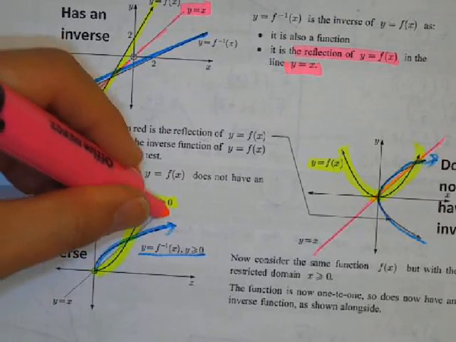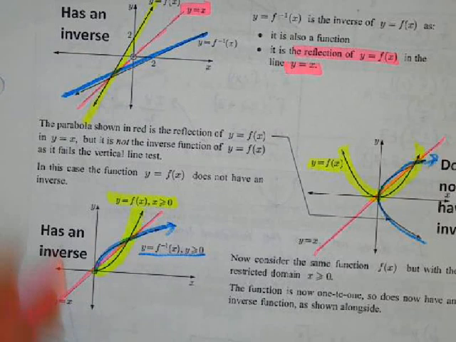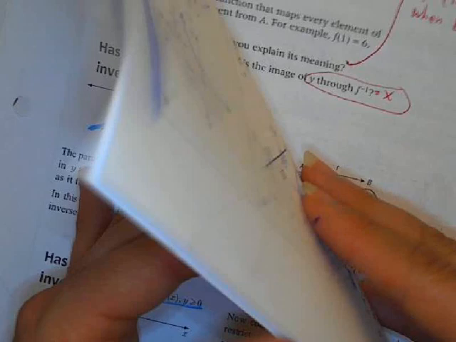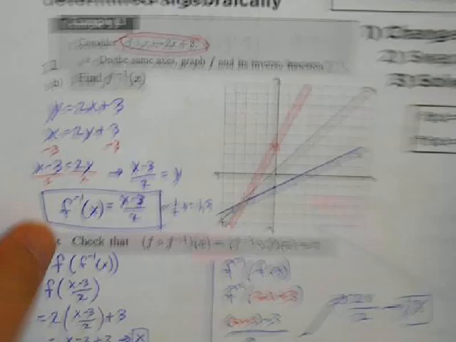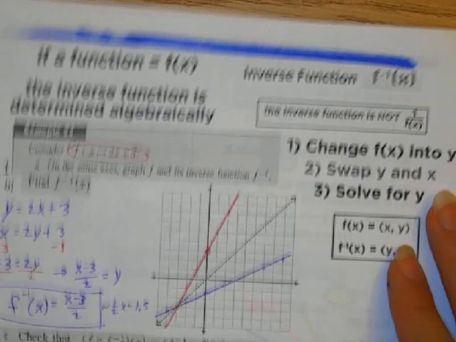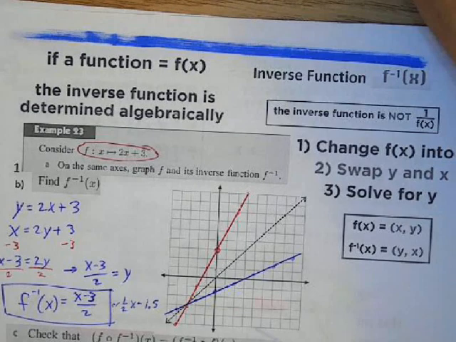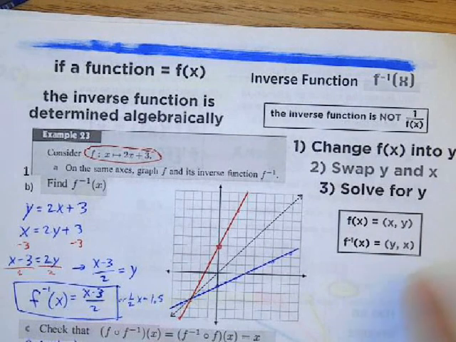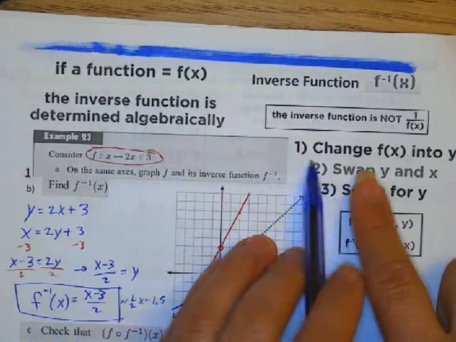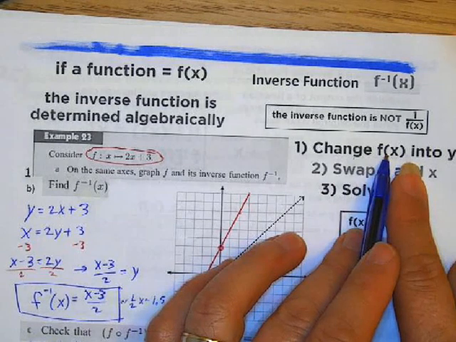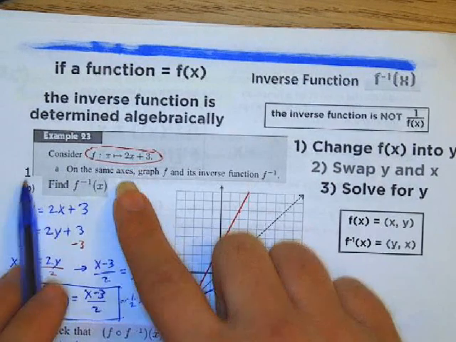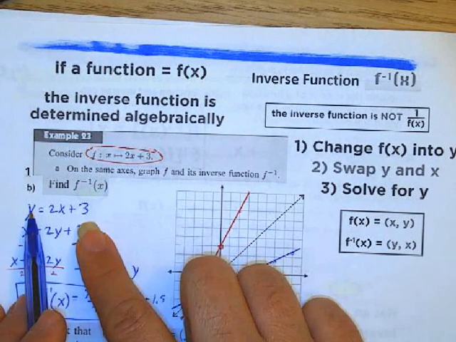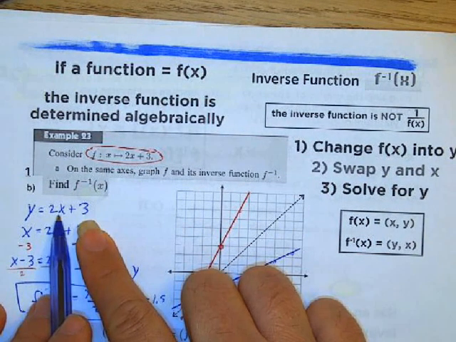All right, this is all theory that we've been talking about. Let's solve some numbers here. All of this bold writing is from Professor Dave, but these are the steps. Instead of writing f of x, I'm going to write y. So here we have 2x plus 3, and I'm going to rewrite it as y equals 2x plus 3.